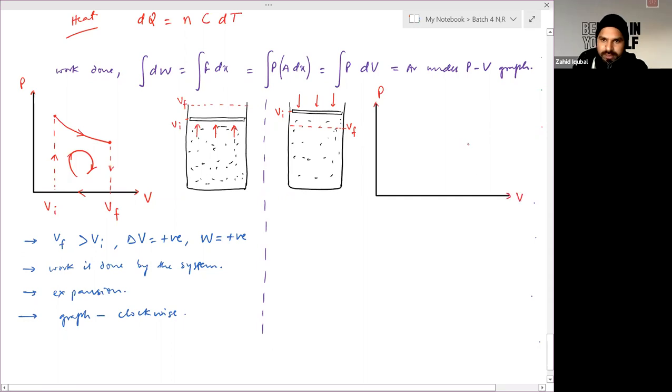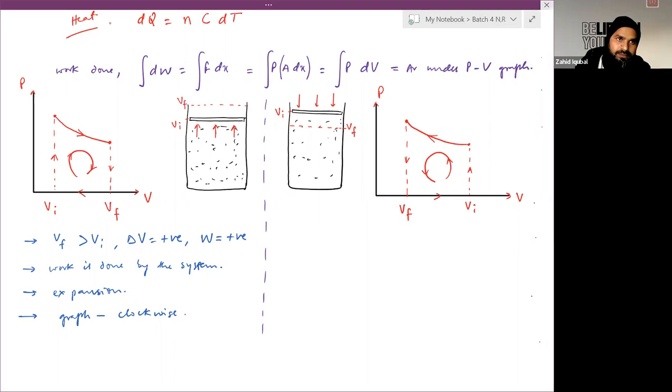Initially the gas will be at this point. On compressing it, there will be a change in volume as well as pressure to reach this point. So the graph will be along this direction. Just draw a vertical line and extend in this direction. It will go along this way. This will be in the anti-clockwise direction. This will be the initial volume and this will be the final volume.